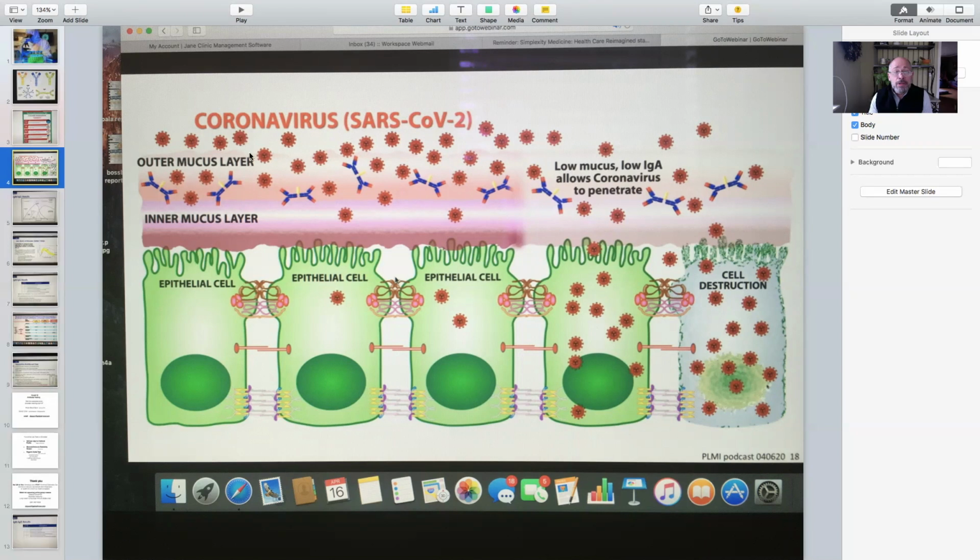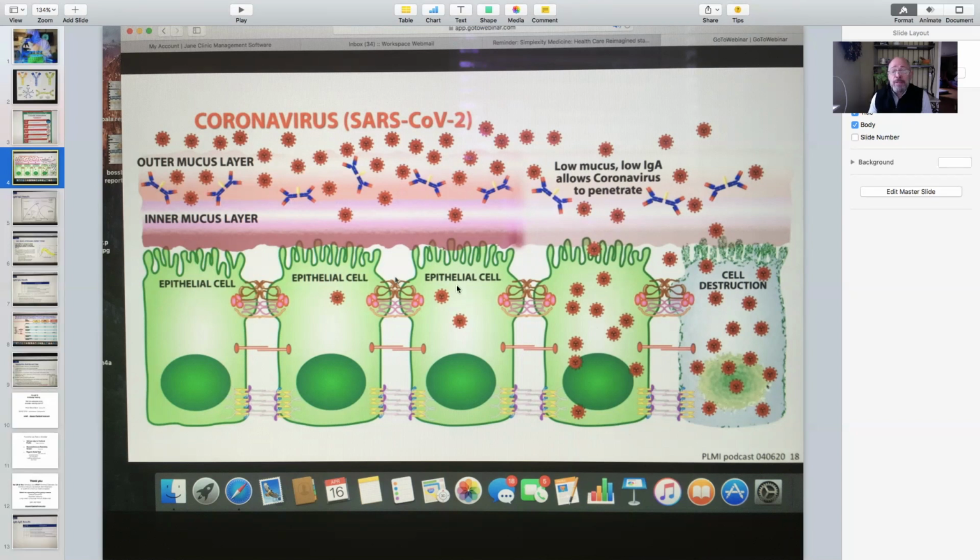So these are your coronaviruses. If we have proper IgA antibodies, strong, robust IgA antibodies, they can start binding to these viruses and prevent them from penetrating in. If we start having a deficiency or these antibodies are overwhelmed, we can start getting some penetration of the viruses into the epithelial cells.